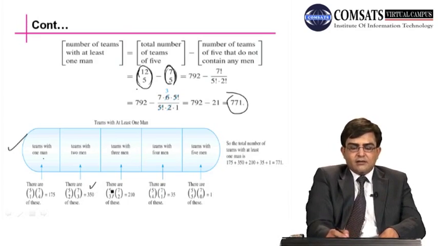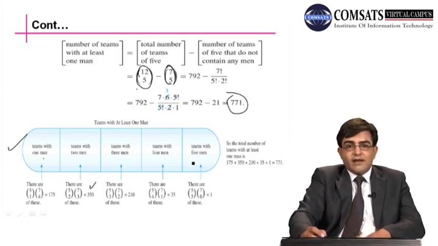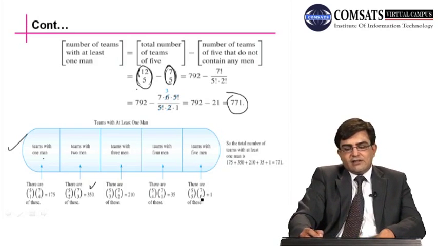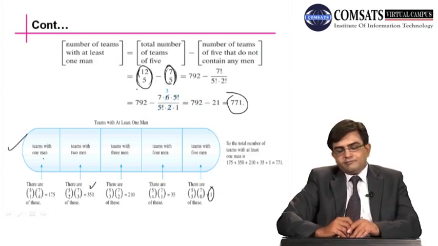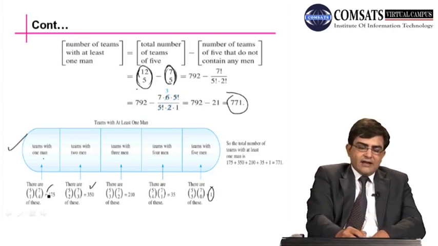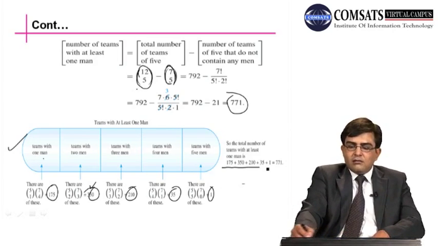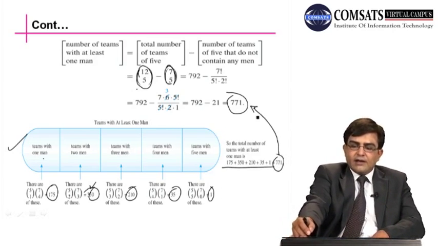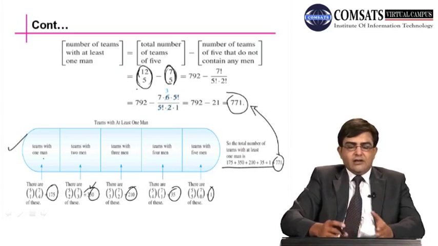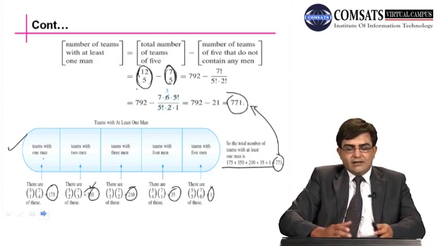The teams with 3 men are 5C3 times 7C2, so if 3 are men, 2 must be women. Similarly, teams with 4 men are 5C4 times 7C1, and teams with 5 men are 5C5 times 7C0, which is 1 team. If we add up all these numbers, we get the same number as we obtained here. So we can calculate it in another way, using this approach.